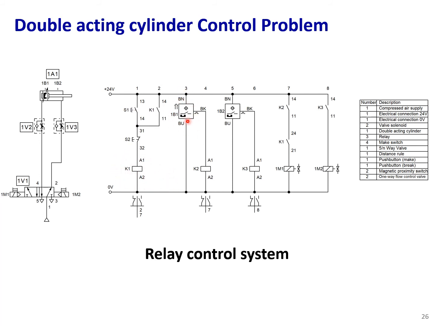Once we have the 1B1 signal, K2 will be also on. You see that we have K1 and K2 in series, so both K1 and K2 should be on. So we have an AND logic here to energize 1M1.